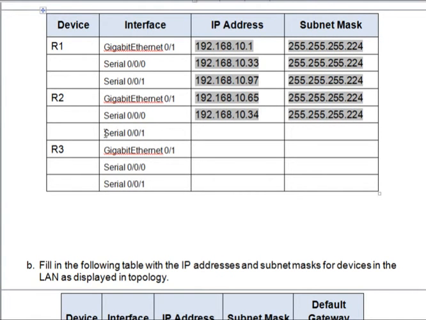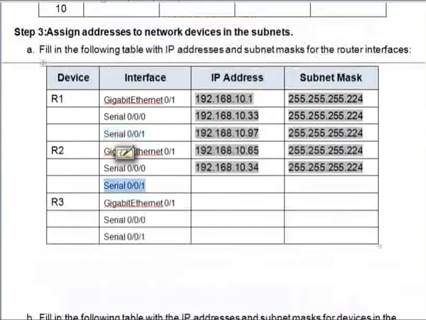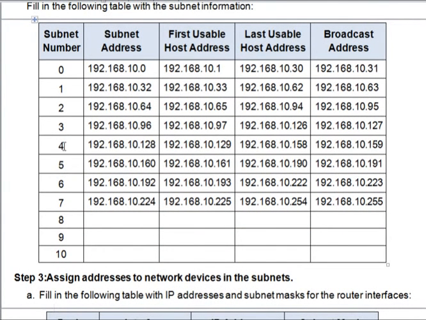Okay, and let's proceed to address the IP address for 0/0/1 for R2. In this case, 0/0/1 is in subnet 4. So let's look at our subnet 4. Subnet 4 is here, and the range of addresses we can give is between 129 and 158.